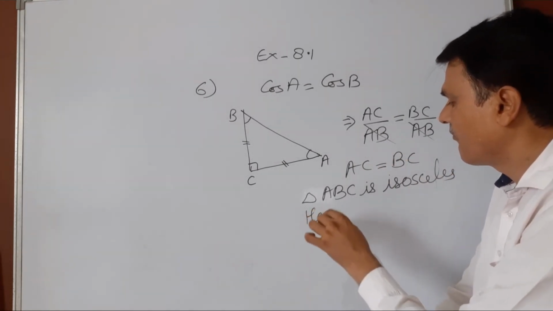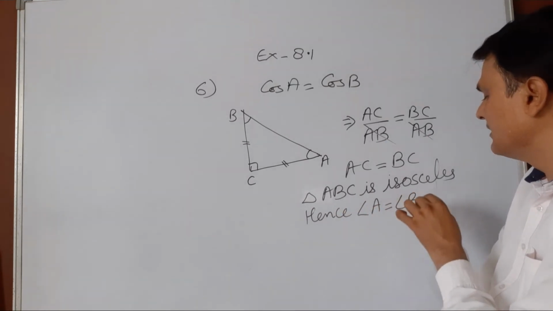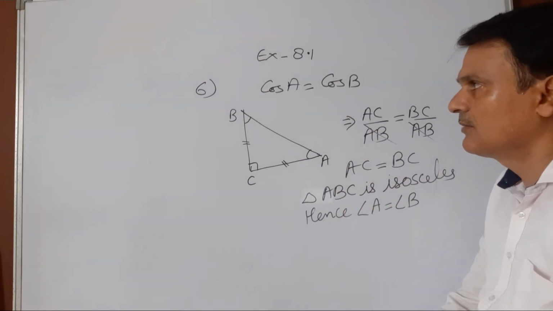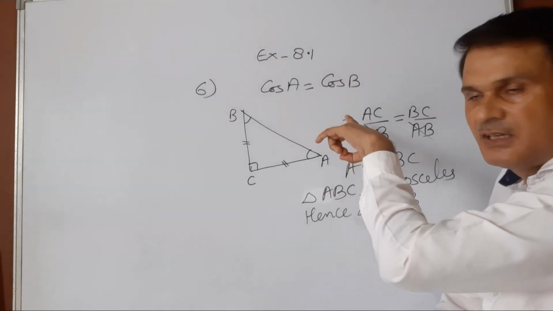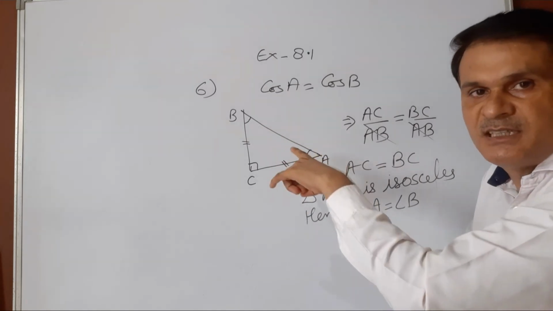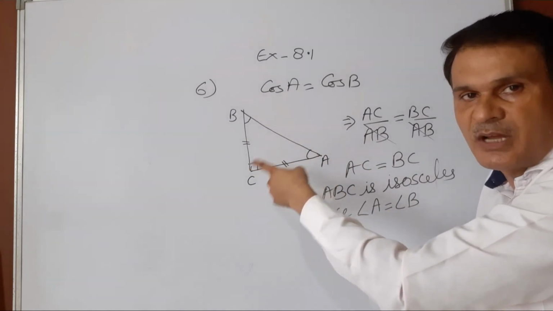Hence angle A equals angle B. This is the solution of question number 6. Here it was given cos A equals cos B. So we let a triangle ABC in which angles A and B are acute angles, but angle C is a right angle.